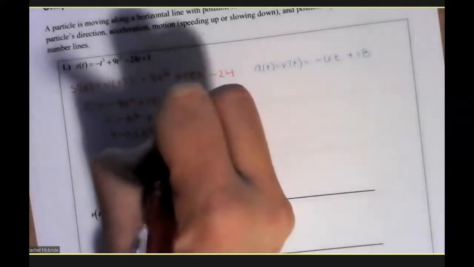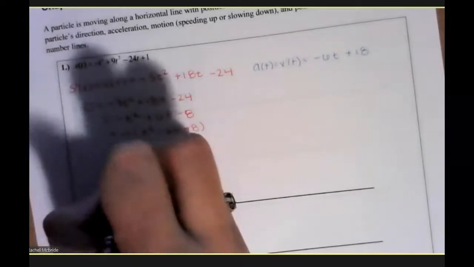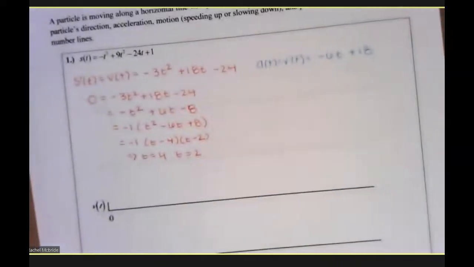They're all divisible by 3. I would factor out a -1. And that gives at time t equals 4 and t equals 2.